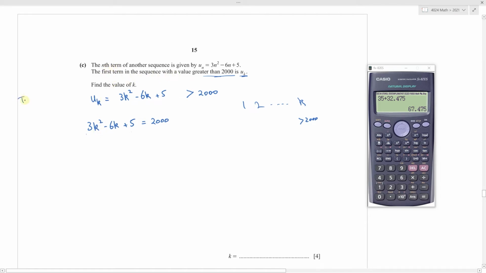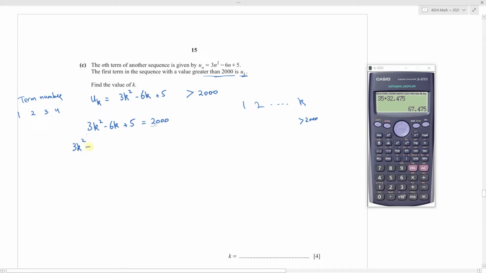Your term number is always an integer: first term, second term, third term, fourth term. So let's solve for this, and then whatever value of k we get, we will take the next integer value of k, and that will give us a value greater than 2000, because when we solve this equation, we will get a value of k which gives exactly 2000. So we are interested in the k value that gives us greater than 2000.